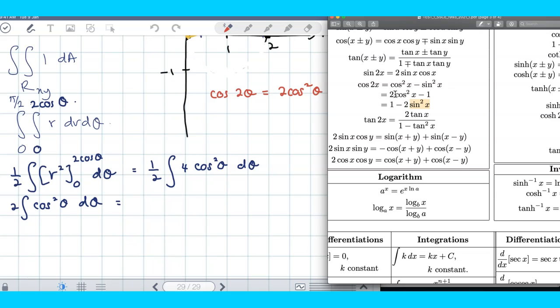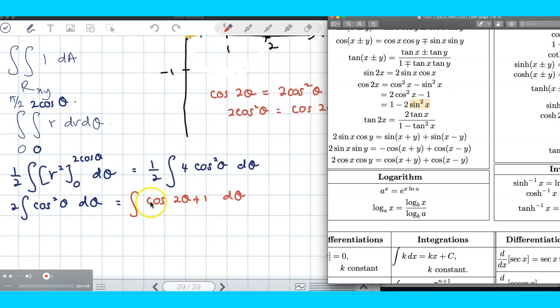So you have 2 cos squared theta equal to cos 2 theta plus 1. So now, the integral of (cos 2 theta plus 1) d theta. You can't see the square anymore, just cos 2 theta.